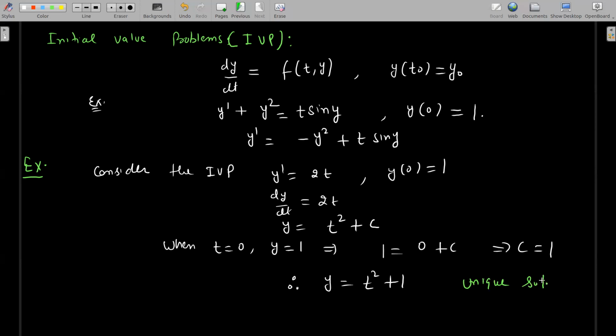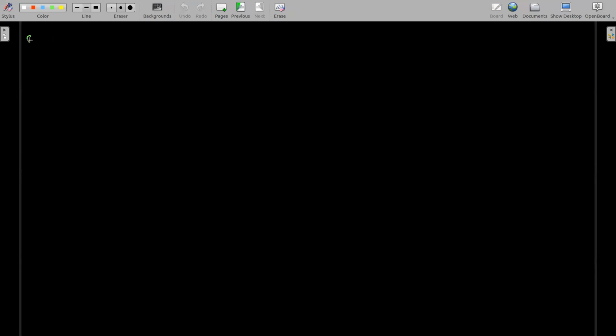Okay. So you are finding unique value of the constant c, or you can say parameter c. So we have unique solution. Let us take, this is example, say A, example first.